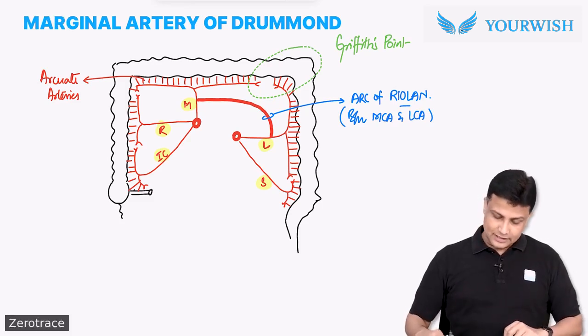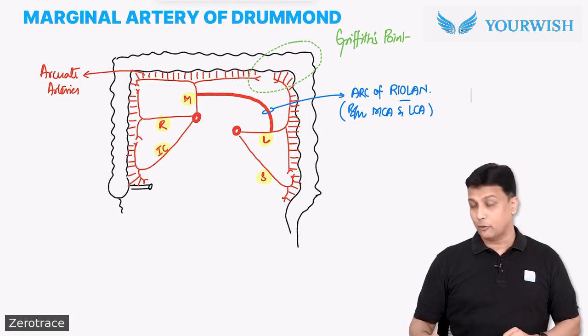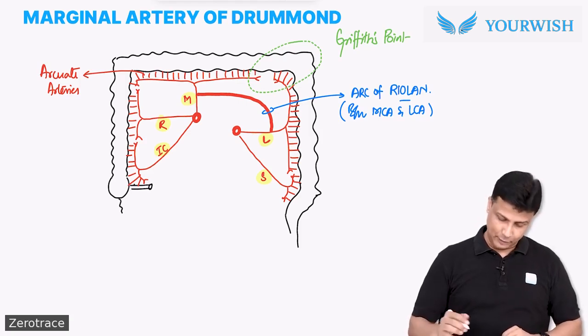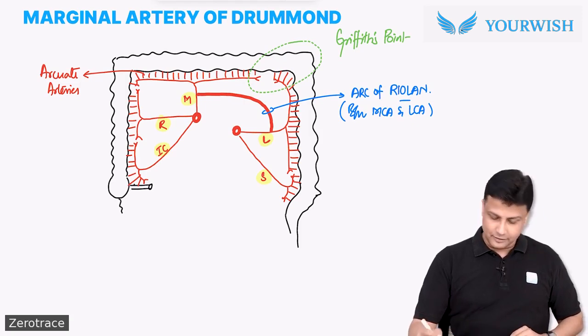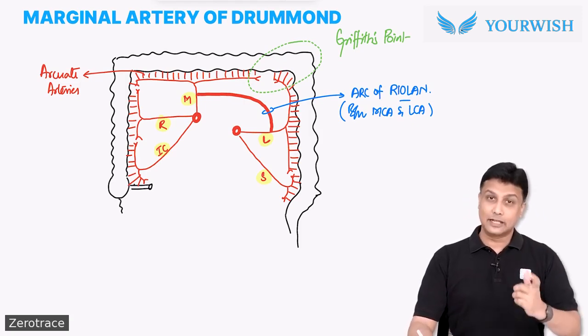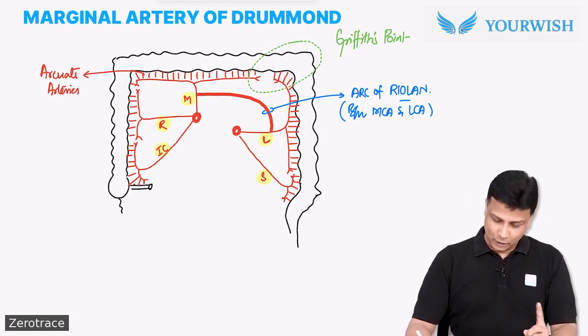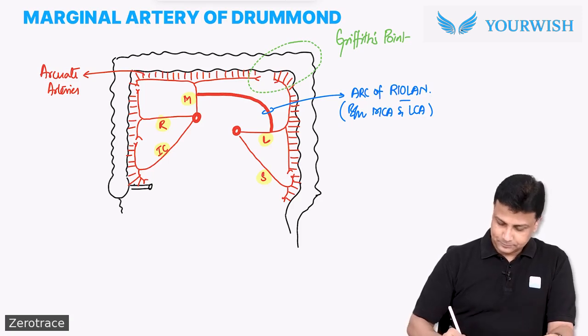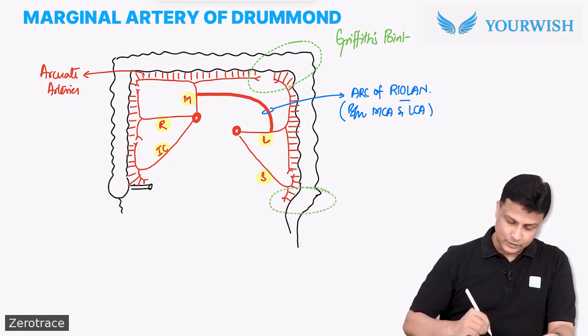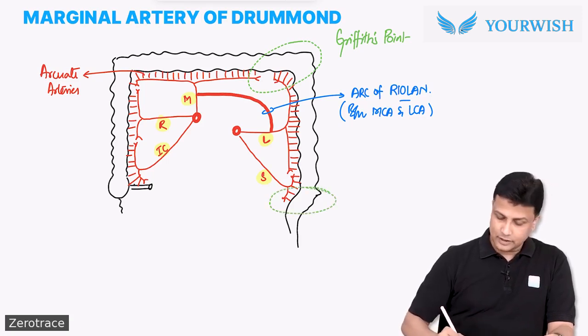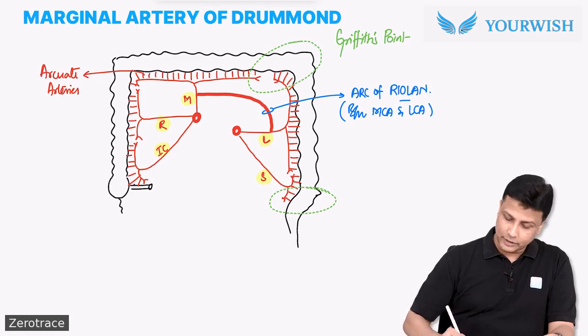Now, one more point I'll tell you what is going to happen here. There is one more point referred to as the Sudek's point. Where do you find that one? That will be present at the junction where you have the sigmoid colon and the rectum, the recto-sigmoidal junction. Fine. So let me just mark this here. This one I'm telling you about. Now, this one here will be the recto-sigmoidal junction.